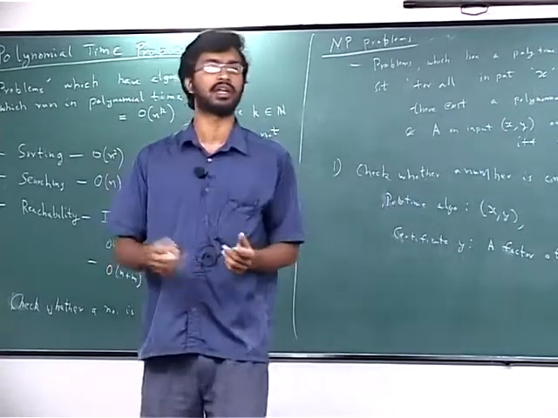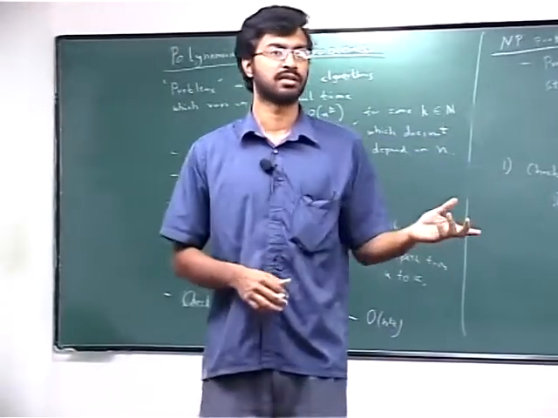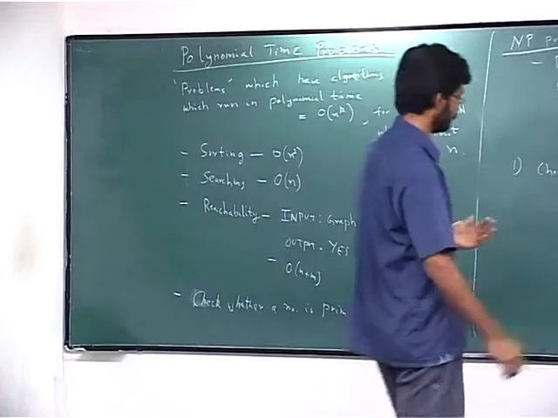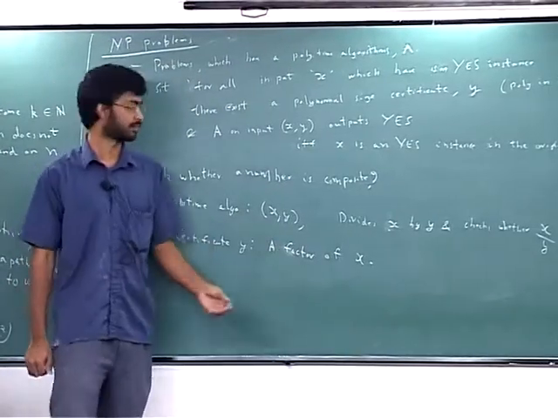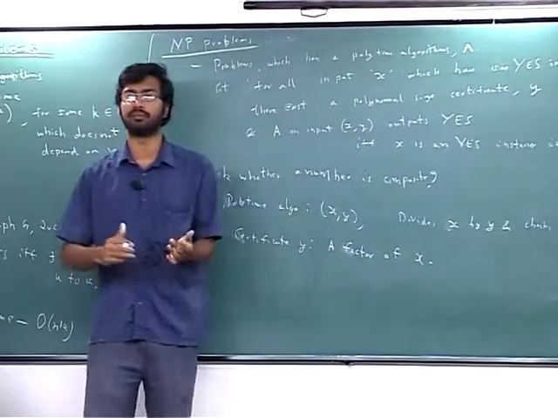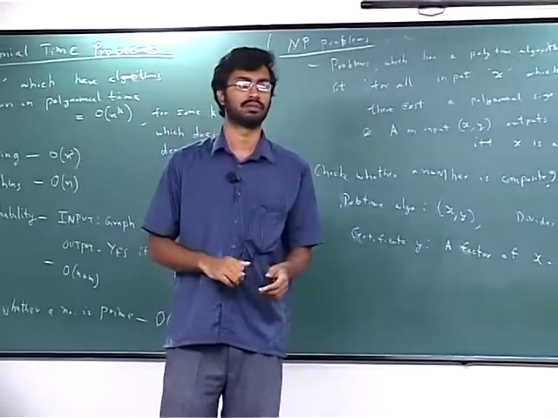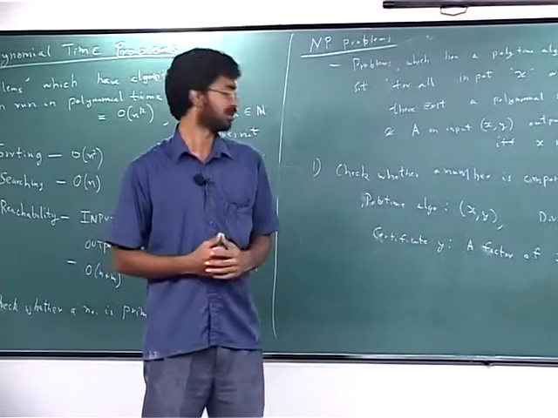If someone gives me a hint, can I answer the question? The size of the hint should be something like polynomial in the input, and given both the hint and the input, can you answer the question? That is what NP basically does.